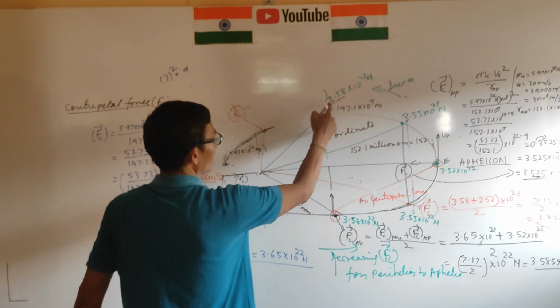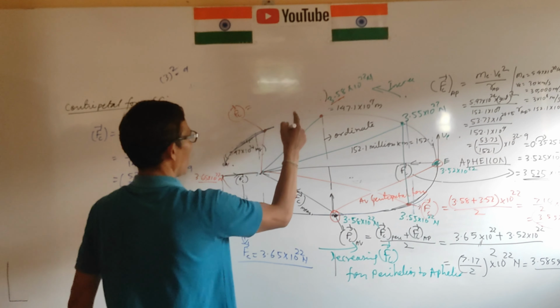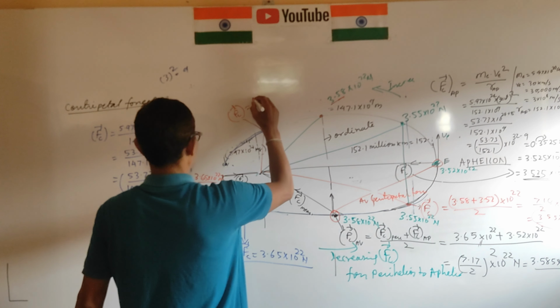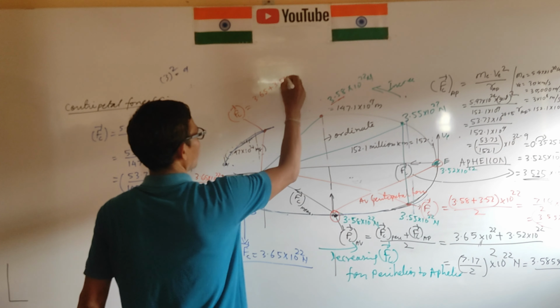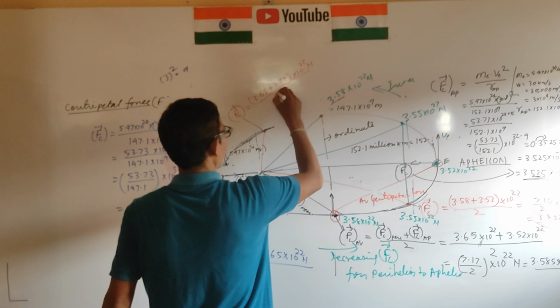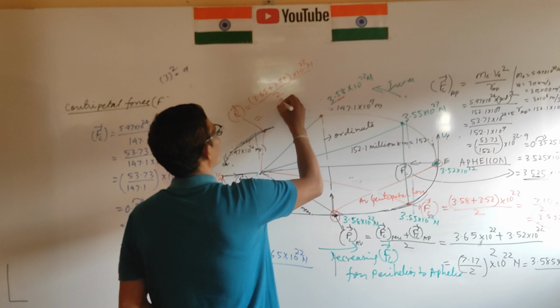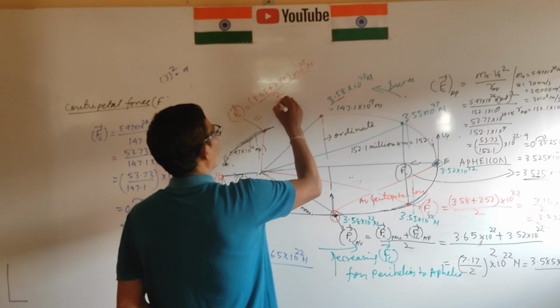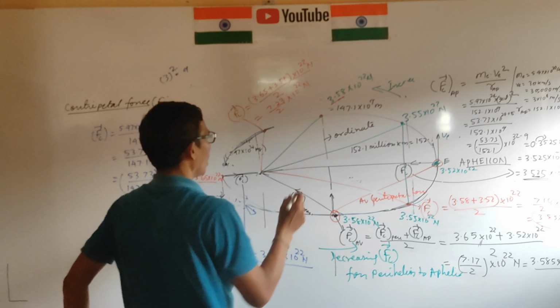This is the maximum and this is the minimum. Adding them, 3.65 plus 3.58, into 10 to the power 22 Newton, divided by 2.